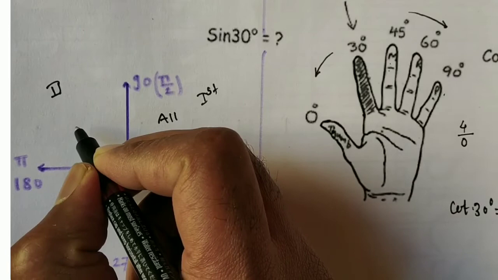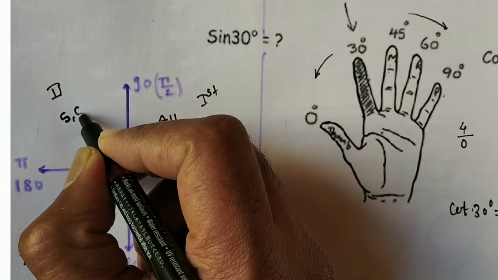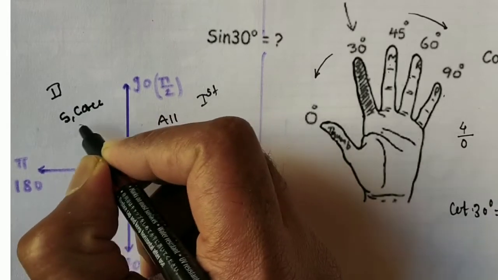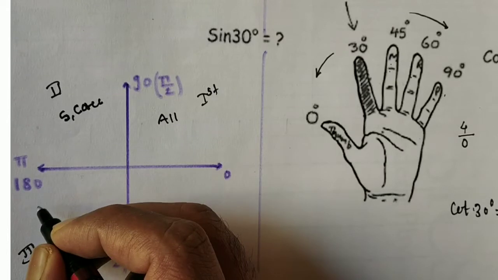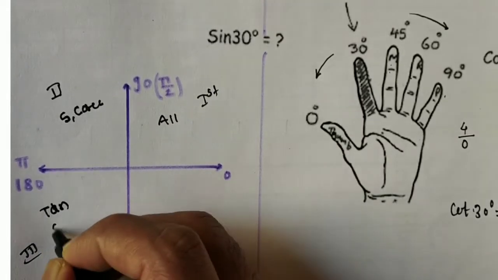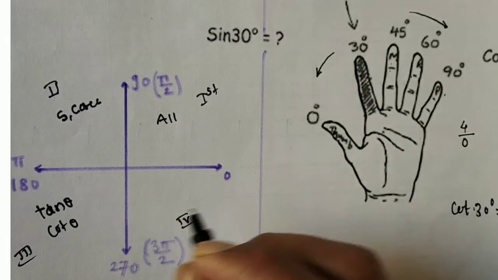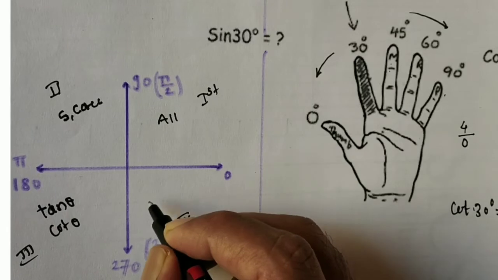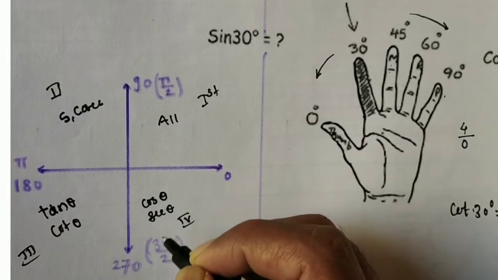In the second quadrant only sine and cosec are positive. In the third quadrant only tan and cot are positive. On the fourth quadrant only cos and sec theta are positive.